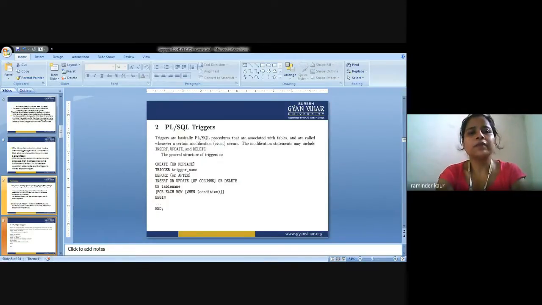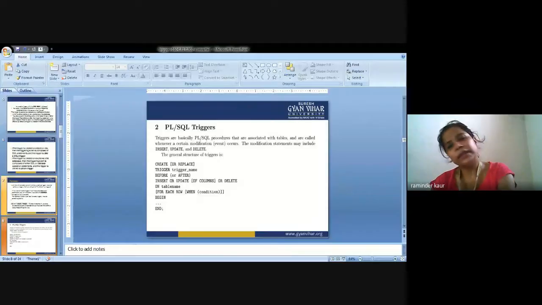So next, what is the difference between SQL and PL SQL? That we are supposed to discuss. If I am talking about SQL, it is a single query that is used to perform DML operations and DDL operations.